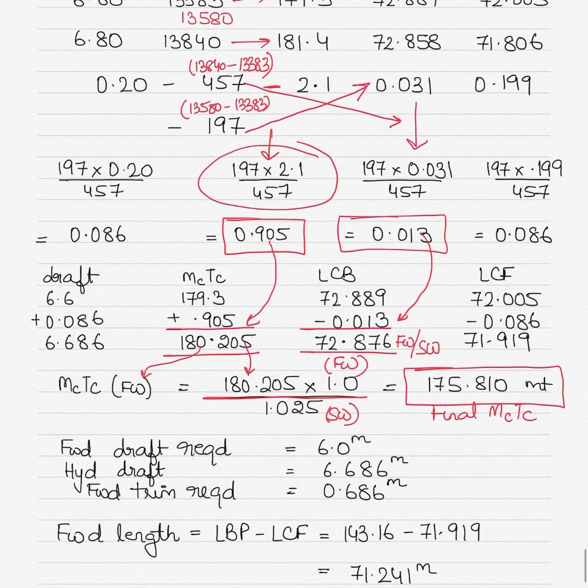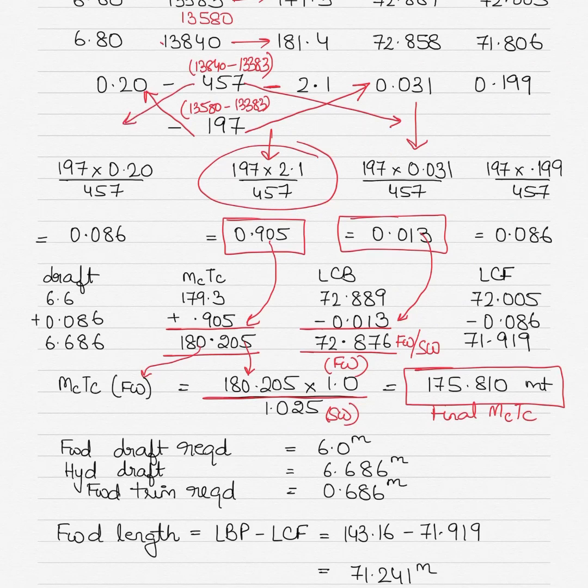Alright, so I'll also calculate the draft. Now I know why you need the draft. You can also calculate the final hydrostatic draft after discharging has taken place. For a displacement of 457, the difference in the draft was 0.20.